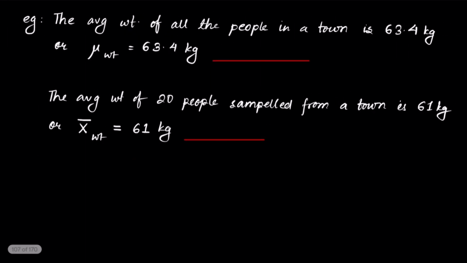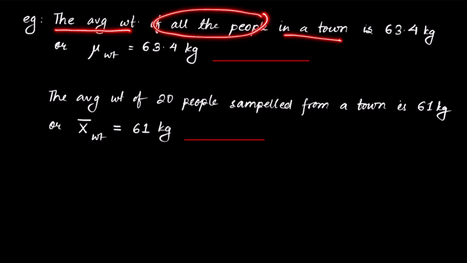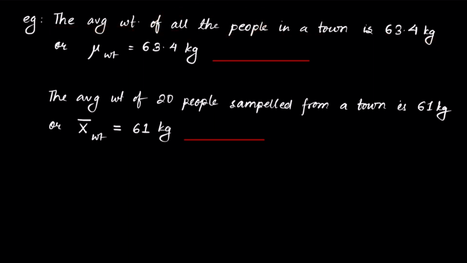For example, the average weight of all the people in a town is 63.4 kg. Basically, the mean weight of all the people in the town is 63.4 kg. This right here is your parameter because it's associated with the whole population.